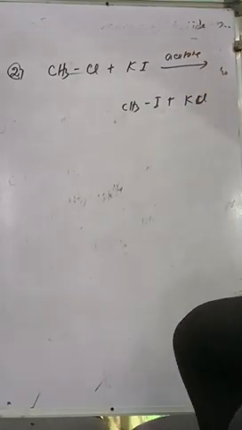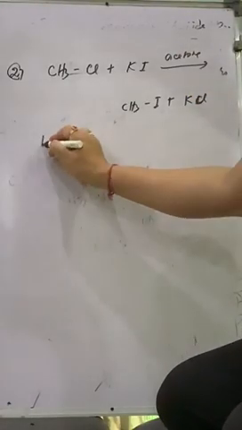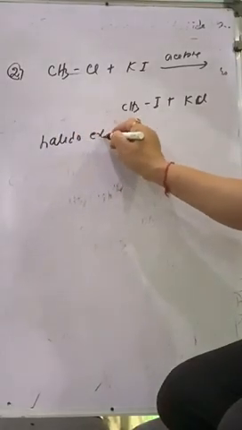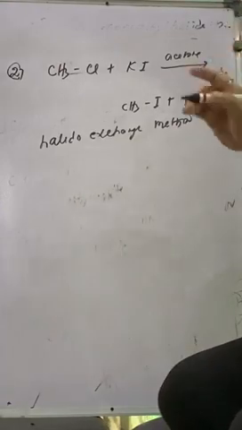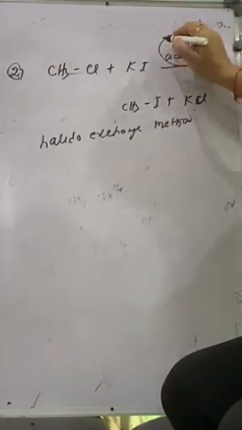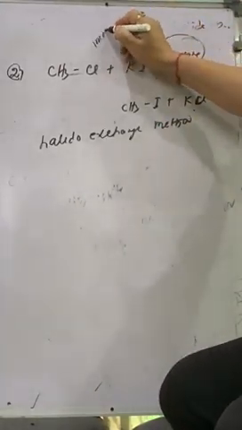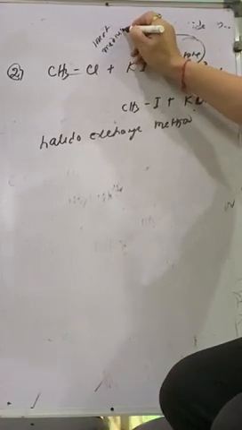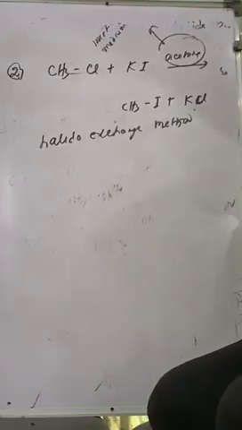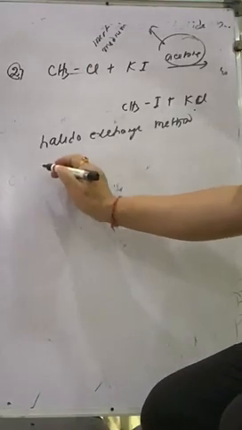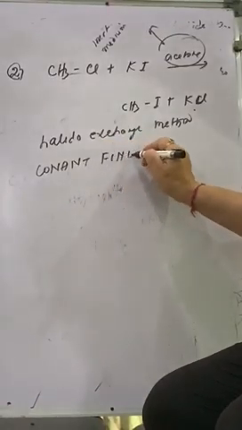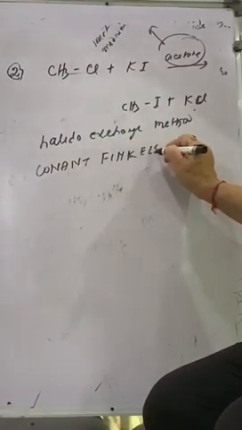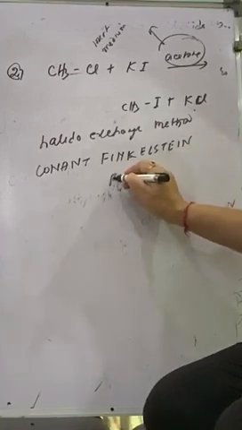This is called the halide exchange method. It can be prepared by creating an inert medium, and so you can prepare this particular compound, which is not possible under normal conditions. This is called the Conen-Finkelstein reaction.